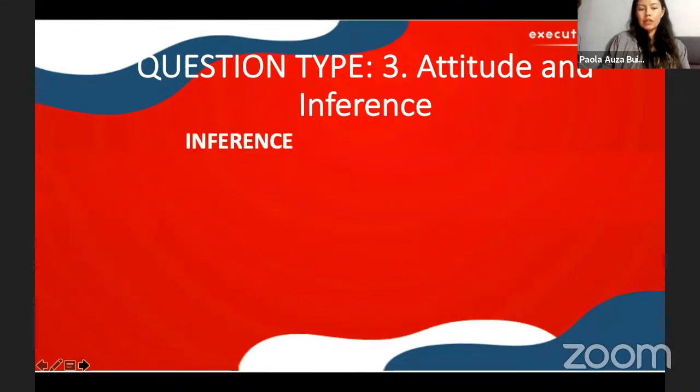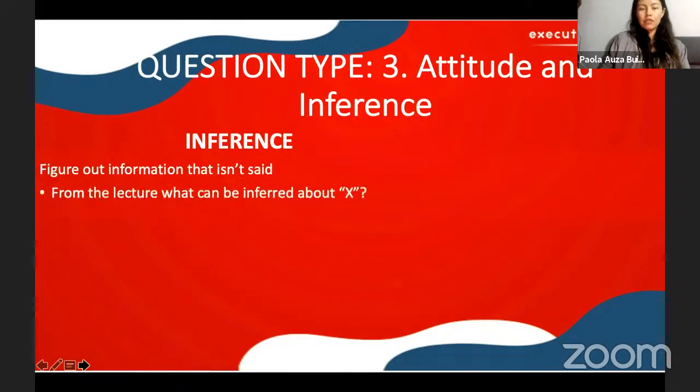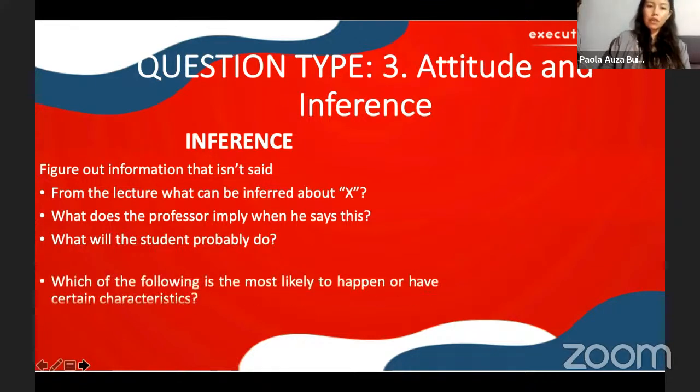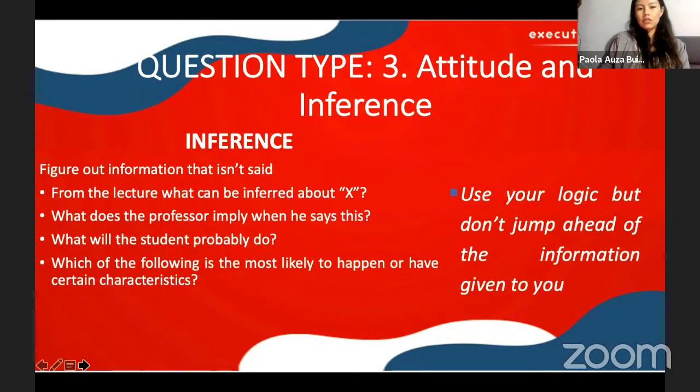After that, another type of question is inference. Here we have to find out information that is not necessarily being said in the lecture. It's going to sound something like, from the lecture, what can be inferred about a certain topic? What does the professor imply when he says this? Or what will the student probably do? So it's basically to try to find out certain information, or maybe guess a little bit about what is going to happen next, okay?